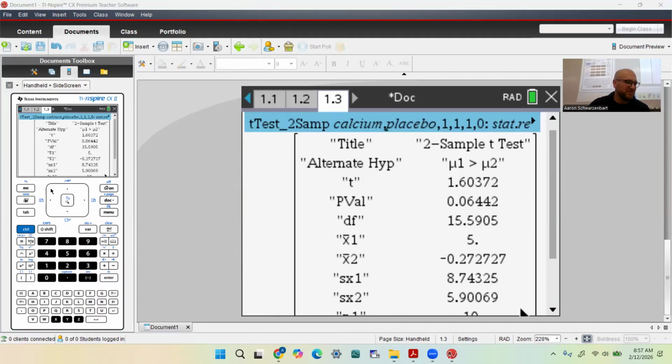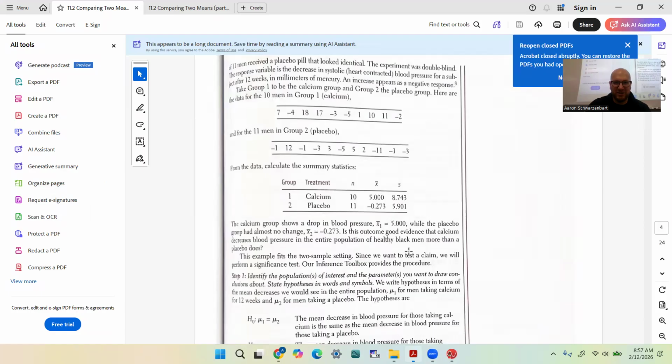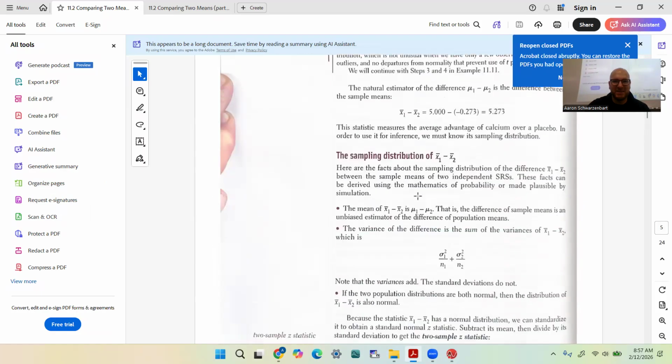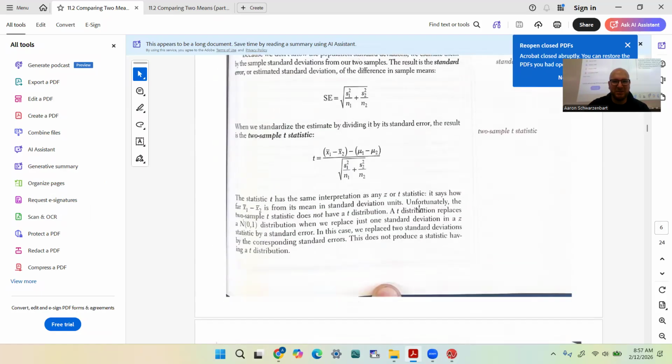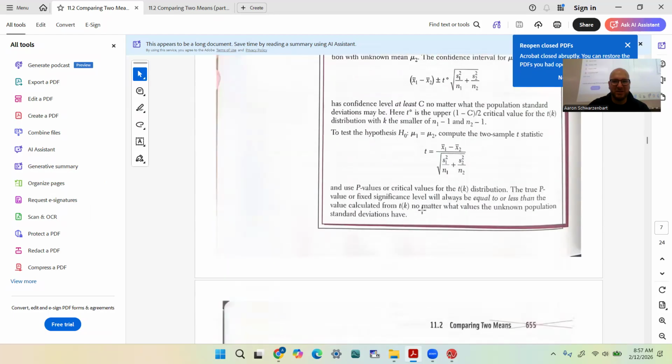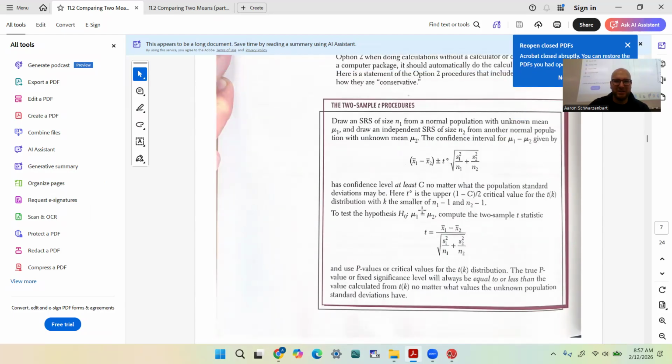The two sample confidence interval is basically what a one sample is, except remember it was always estimate plus margin of error.